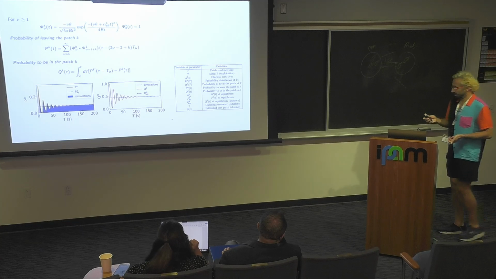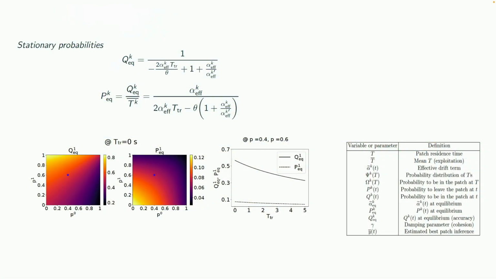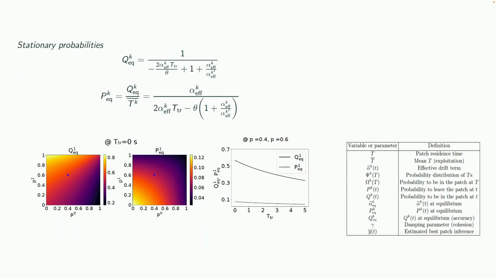Okay, so what happens next? Again, this is a non-interacting case. We can compute these equilibrium probabilities that we showed here. What is the equilibrium I reach here? They depend most prominently on this effective drift term. And then we can see if our intuition holds.